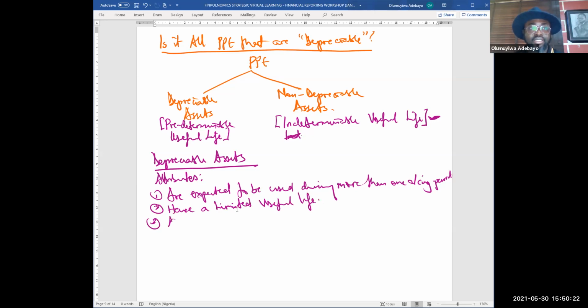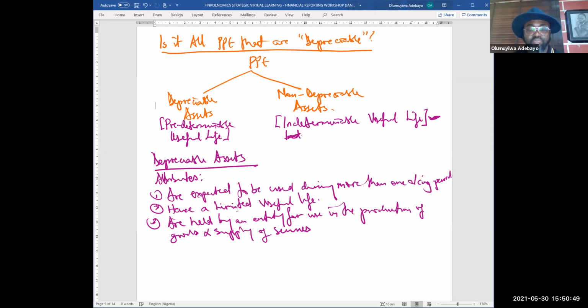And three, they are assets held by an entity primarily for use in the production of goods and supply of services, or for rental to others, or for administrative purposes.